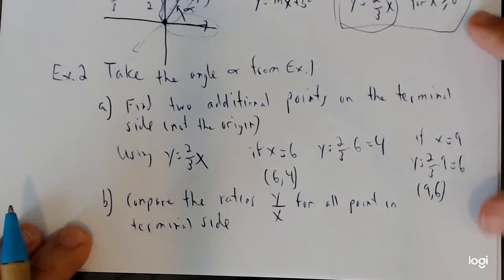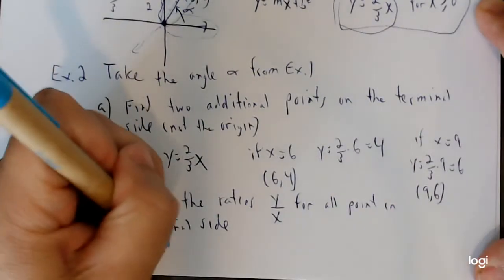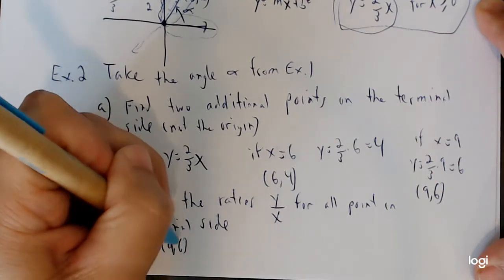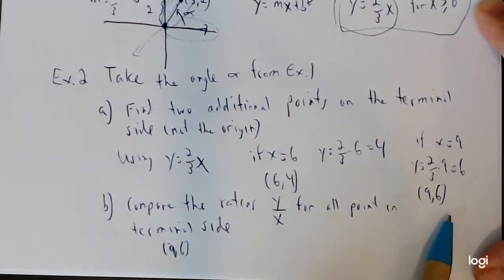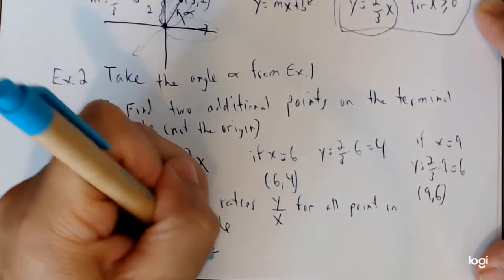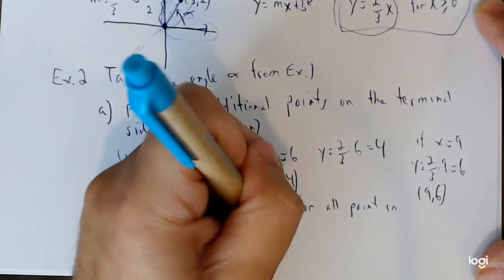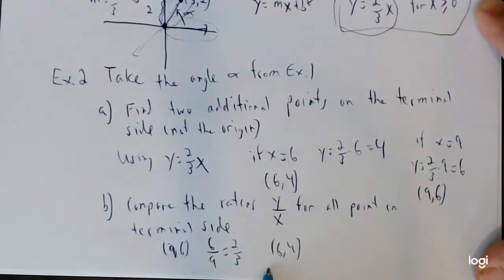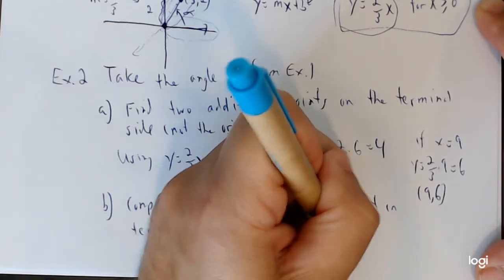Let's take this point, 9, 6. If I take y over x, that would be 6 over 9, which is 2/3. Now let's take 6, 4. Let's do y over x, which is 4 over 6, that's also 2/3.